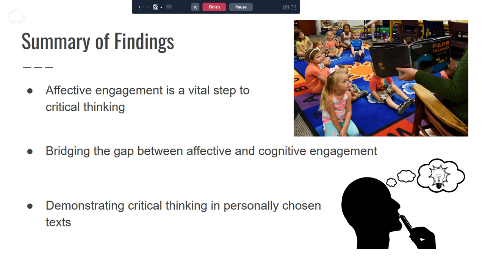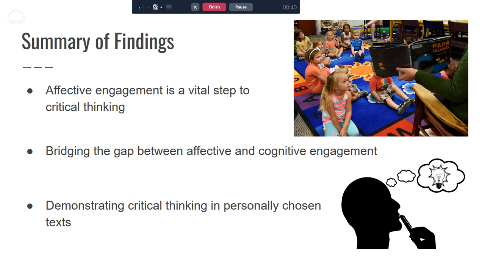So the key that I discovered from several scholars was that modeling is pretty much the key for the classroom, so that teachers need to demonstrate critical thinking of certain texts in order for the students to model that.